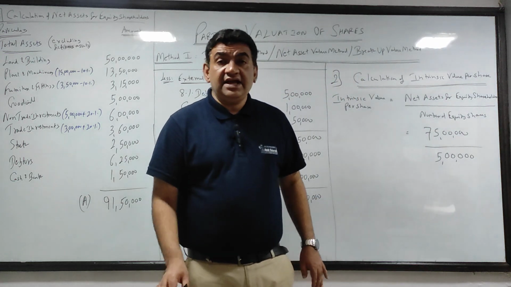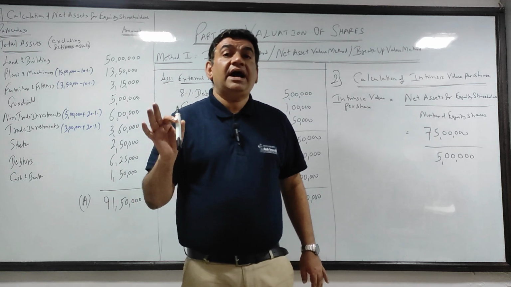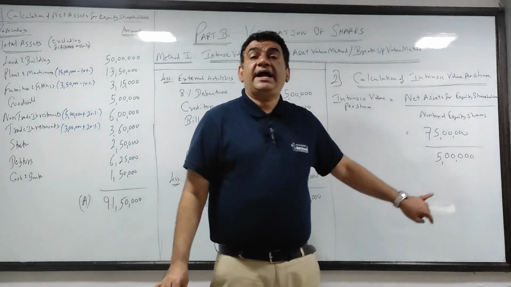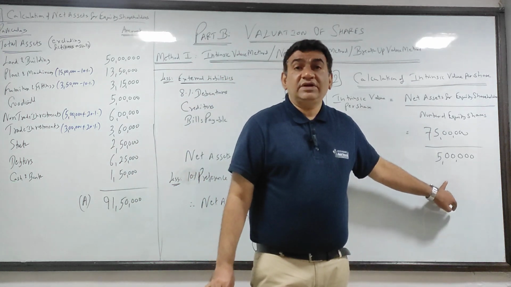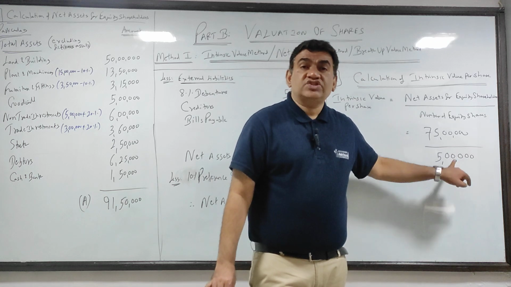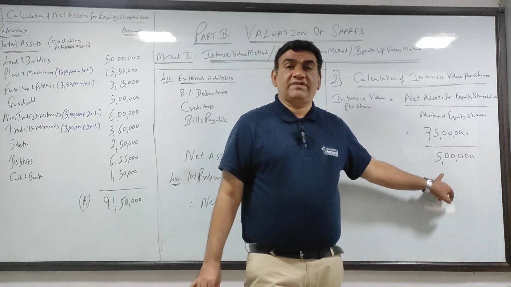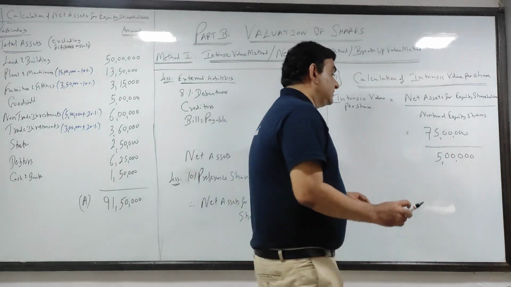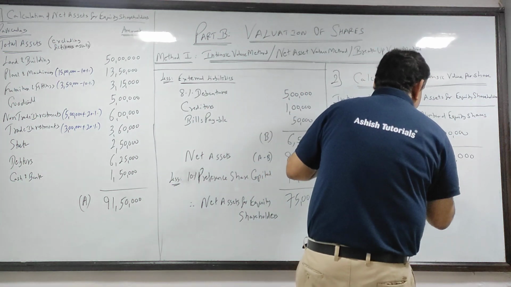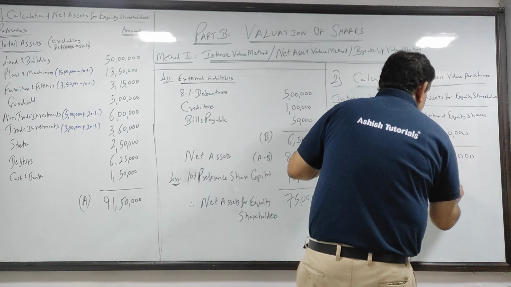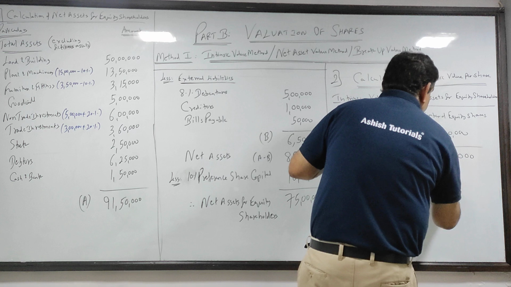How did 5 lakh come? Total share capital amount is 50 lakhs. I don't want the amount, I want the number of shares. So divide 50 lakhs by 10, the face value, you get 5 lakhs, and basic calculation gives you rupees 15.